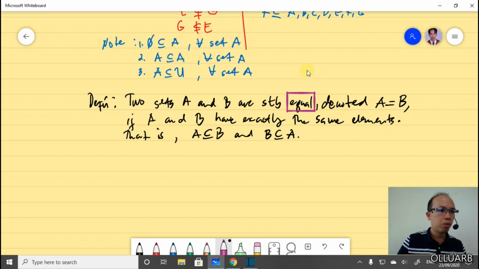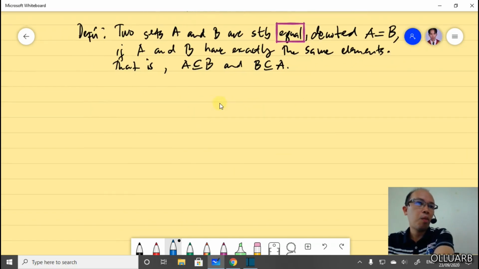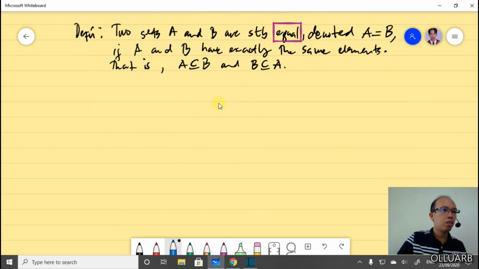Let's have another definition, the definition of finite and infinite sets.